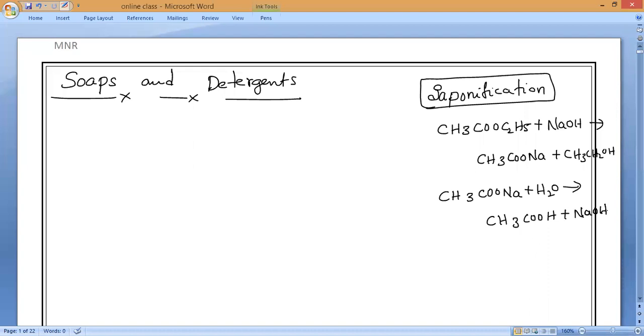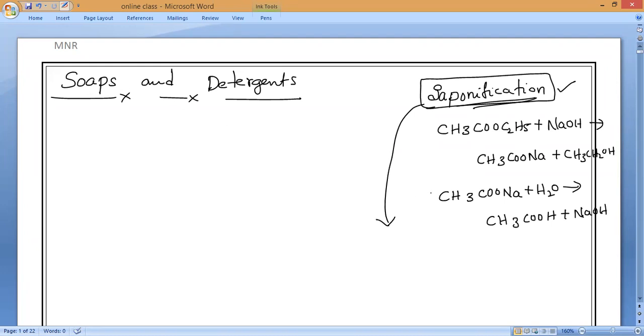Now, all these soaps are basically manufactured by this reaction only. So what is that reaction called? Saponification. In saponification only, we manufacture these soaps.